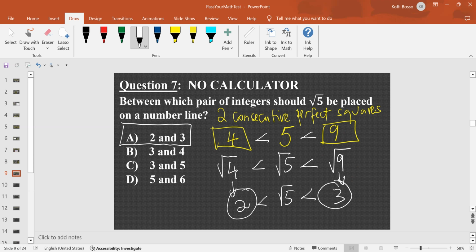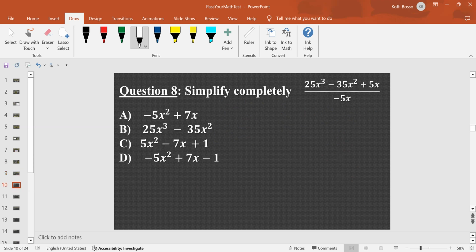Okay, let's continue. Question number 8. For this question number 8, it's a fraction, right? Okay, and we have those exponents, and also we want to simplify completely. First of all, if you check all the 4 choices, you'll see that there is no fraction in the 4 choices.